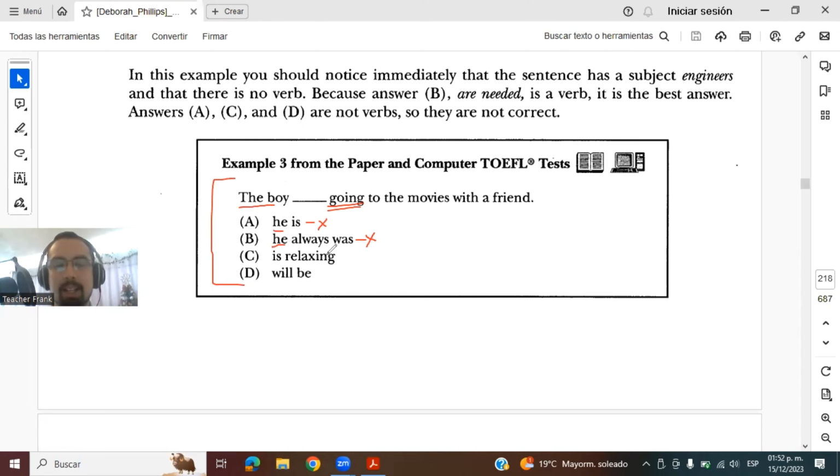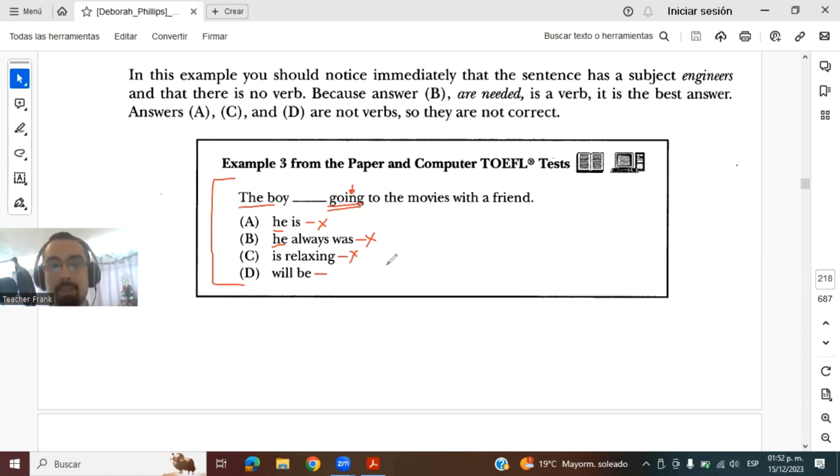It's not necessary. Is relaxing, that's a verb structure, and will be is a verb structure. But here, is relaxing wouldn't really be correct to say the boy is relaxing going because we already have a verb in ing, right? Going. So is relaxing would be incorrect. You can't relax and go to the movies at the same time.